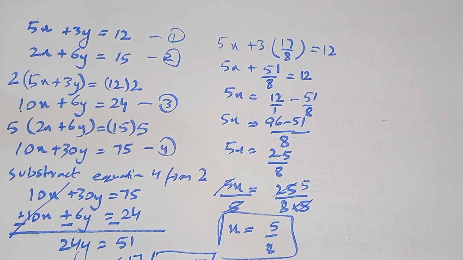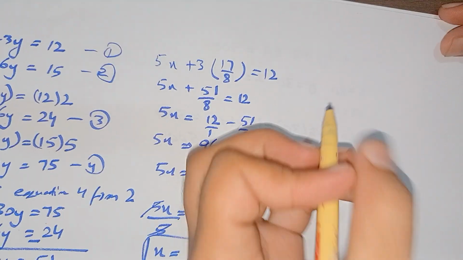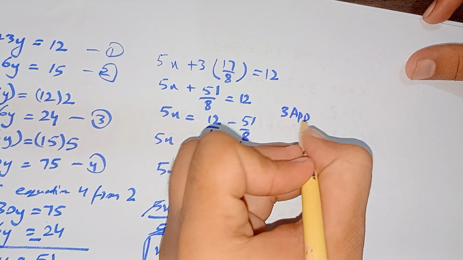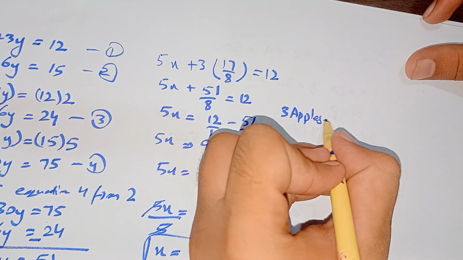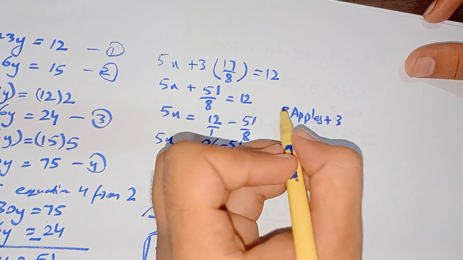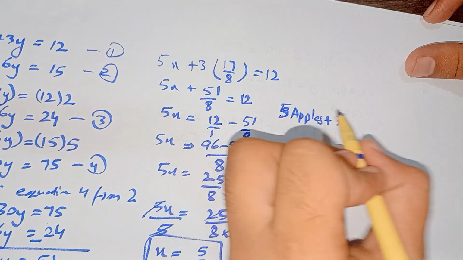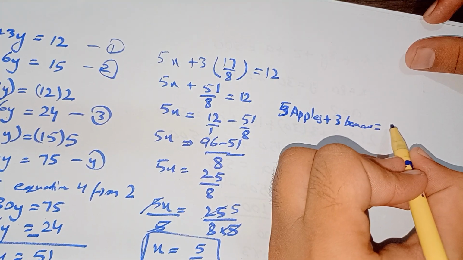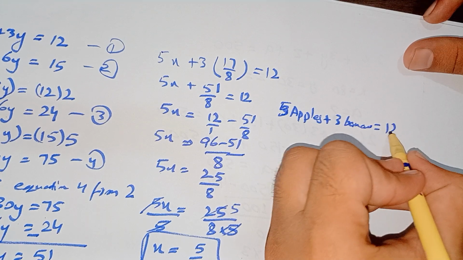For example, 5 apples plus 3 bananas, which total cost is 12.